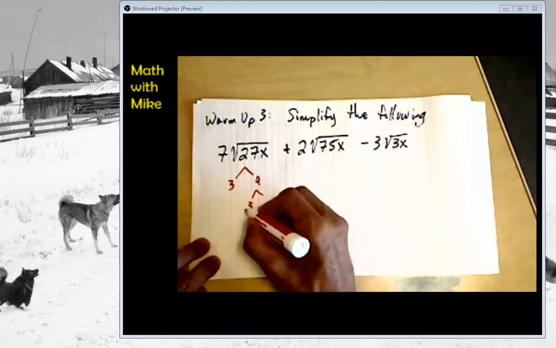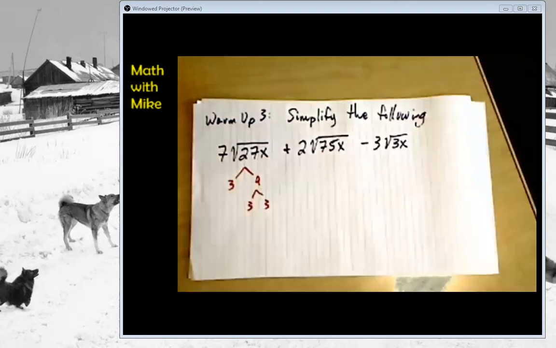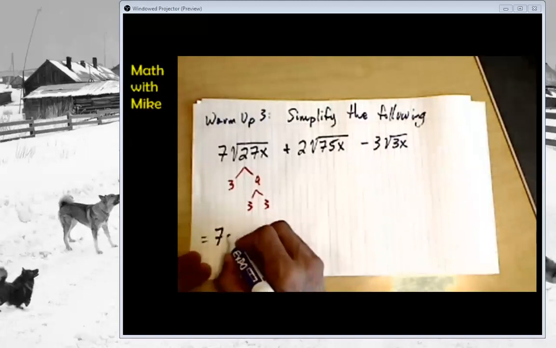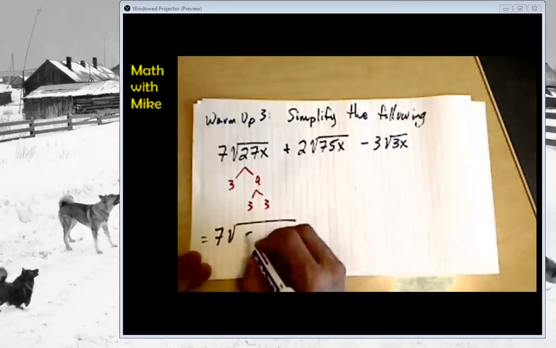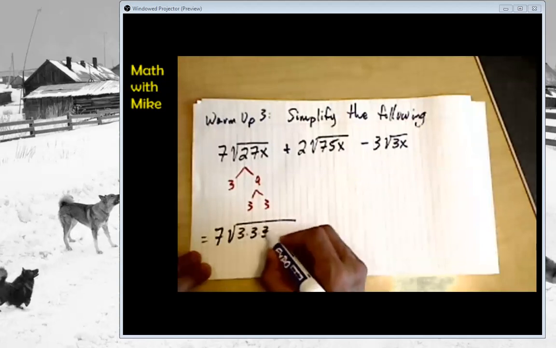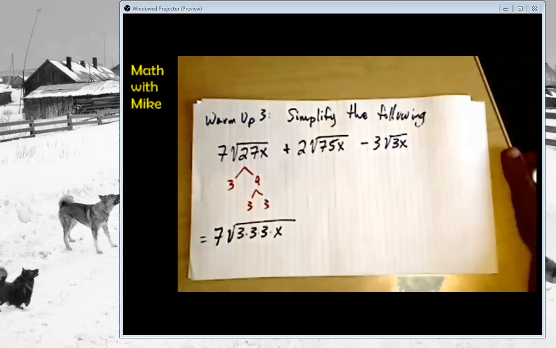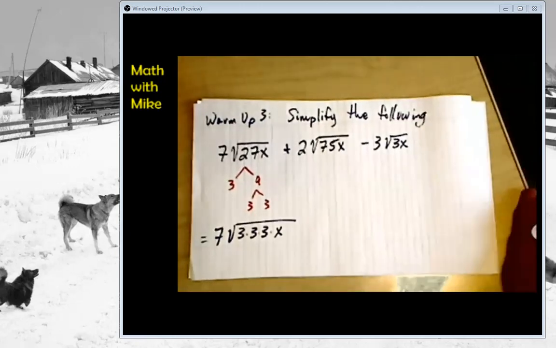That's right. So we can rewrite this term so that it looks like what? 7 times 3 and 3, a bunch of 3s there with the x on the inside, right? Yeah, it looks good.